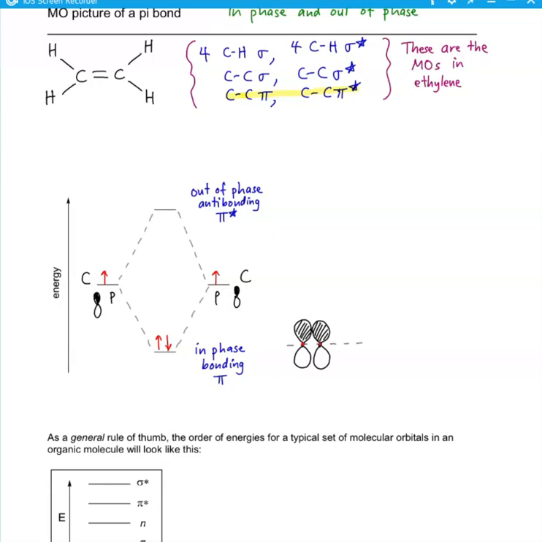So here are the nuclei, these little red dots. And so what you would do is bring two p orbitals next to each other so that the phases that are the same are right next to each other. So the shaded phases are right next to each other and the unshaded phases are right next to each other. That would be an in-phase combination. Or you can draw it like this.